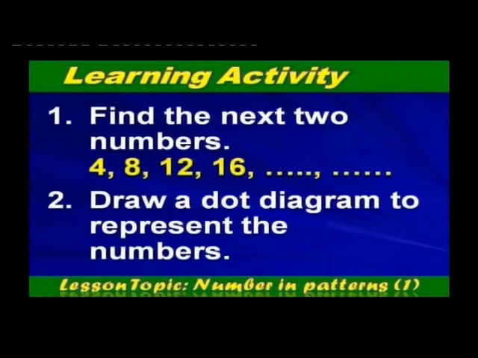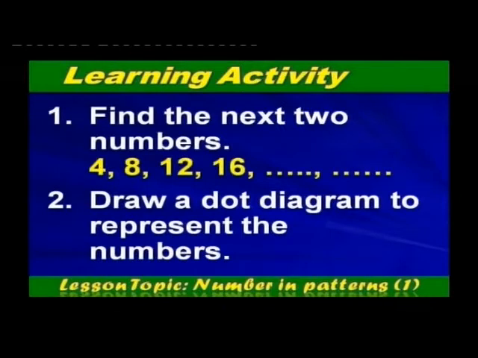Okay, those of you who have finished, the next learning activity, you are going to draw a dot diagram to represent these numbers. A dot diagram means you're going to use dots. Just get your pencil and draw dots to represent.